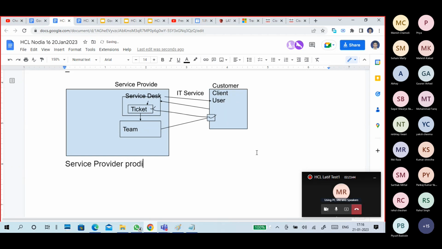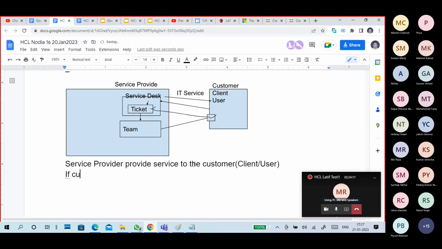Normally the word is customer, but you can call them a client or a user, whichever you want. The service provider provides a service to the customer. What is the service? We don't know. Just a service to the customer.